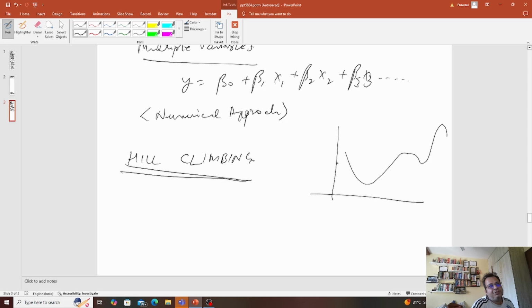If it is a loss function, you need to go down the hill. If it is a maximum likelihood, you need to find the top of the hill. So you find a value. Let's suppose you are here, and you are trying to do a maximum likelihood, so you want to maximize your function.